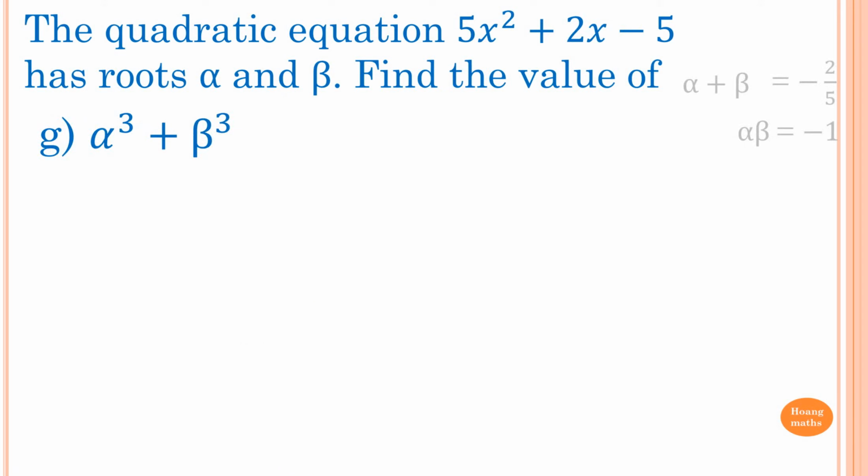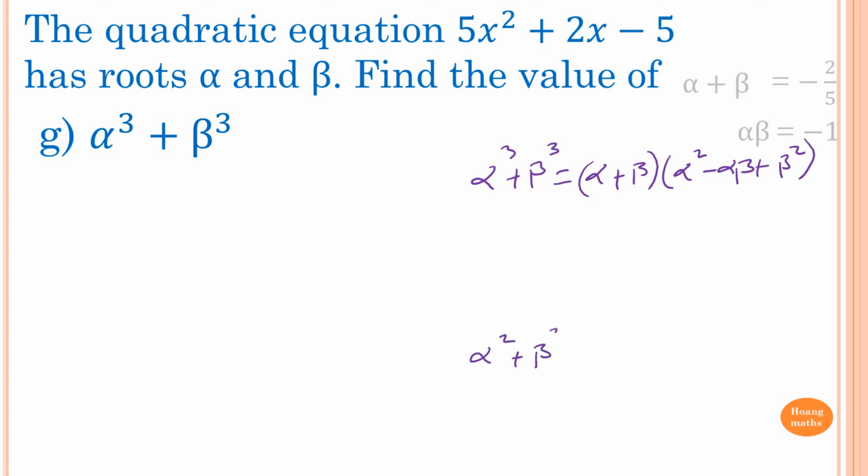Last one here. Now, alpha cube plus beta cube. Of course, you need to factorize. So alpha cube plus beta cube, to factorize this, equals alpha plus beta, and then alpha square minus alpha beta plus beta square. Now, don't forget alpha square plus beta square from the previous part.